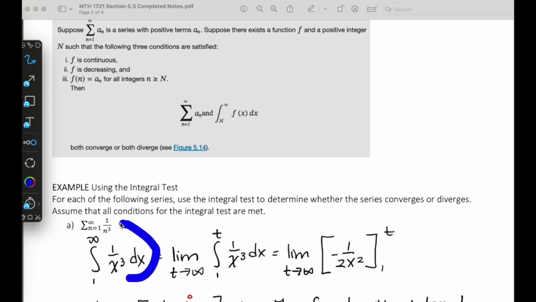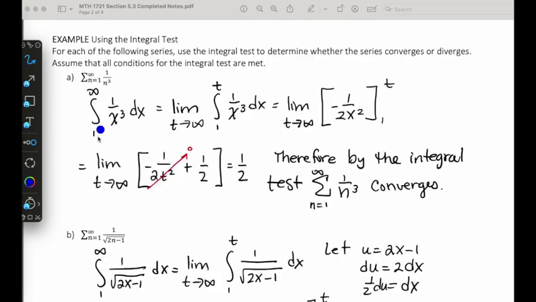So if I find the improper integral, what that value is from 1 to infinity of 1 over x to the third, if this integral diverges, then the series diverges. If this integral converges, then the series, we can say, converges.